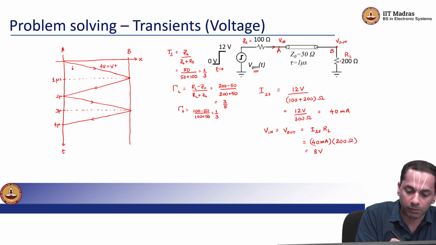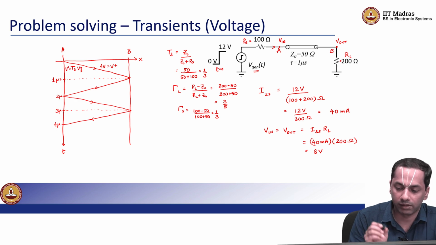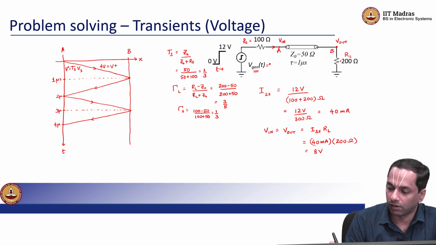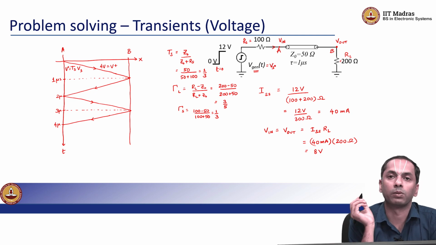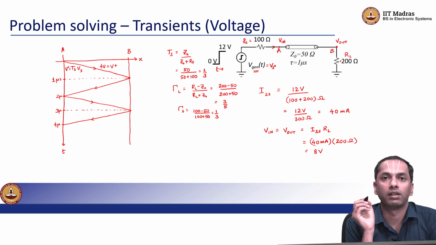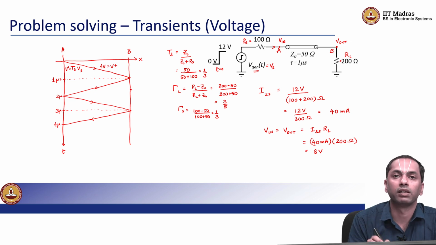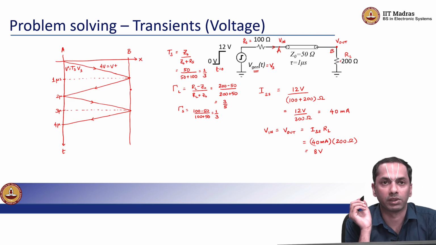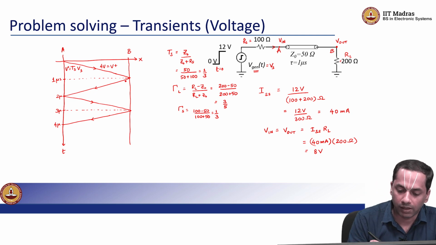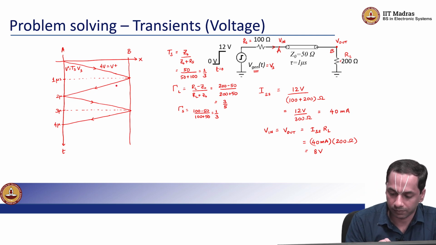This is coming from saying that V plus is Ts times Vs. So, I am going to say that 12 volts is Vs, Ts is 1/3. So, 1/3 of 12 volts is propagating and charging up the entire transmission line for over 1 microsecond. And then what gets reflected?